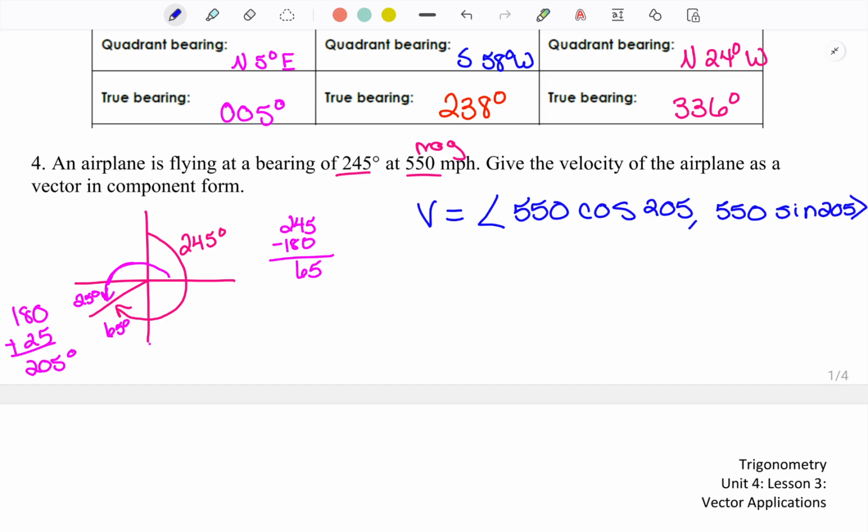Now I am going to put these in my calculator, and I'm going to round to the nearest hundredth. So for cosine, we will have negative 498.47, and for sine, we will have negative 232.44.